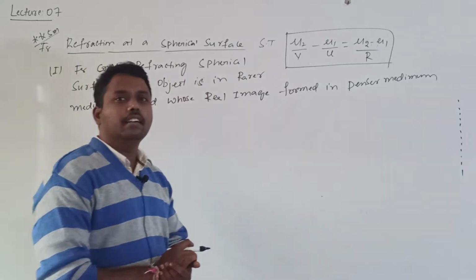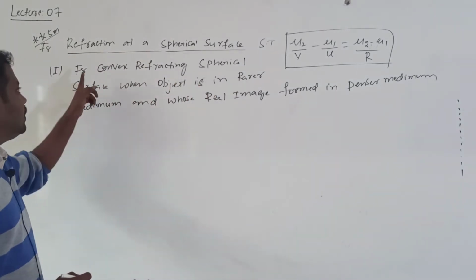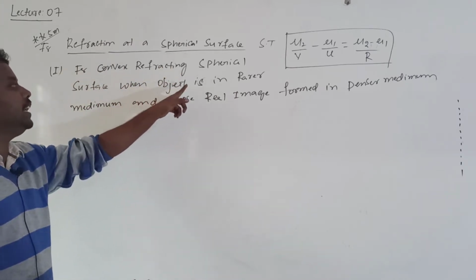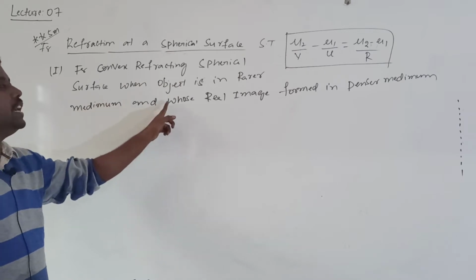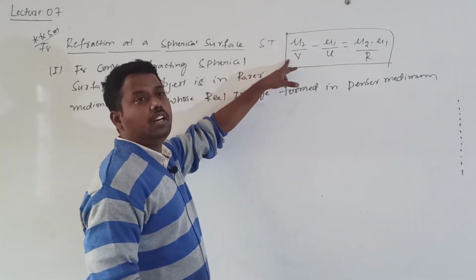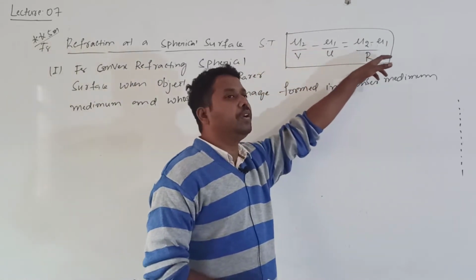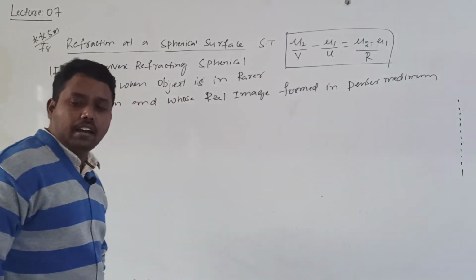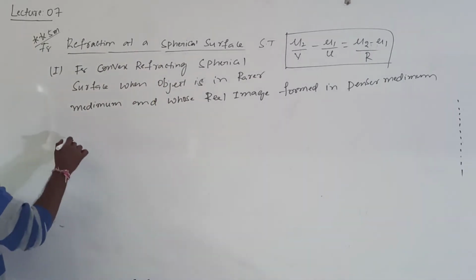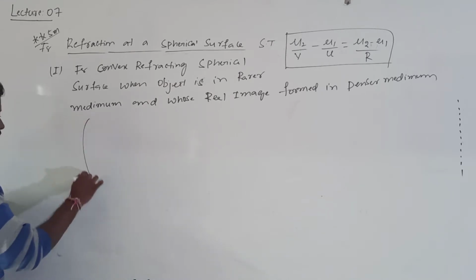For a convex refracting spherical surface, when object is placed in rarer medium and whose real image formed in denser medium, we want to show that mu 2 by V minus mu 1 by U is equal to mu 2 minus mu 1 divided by R.